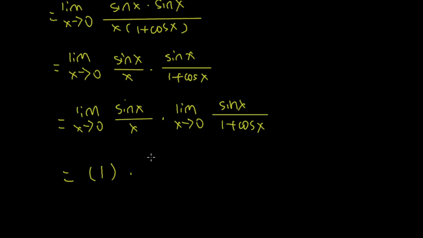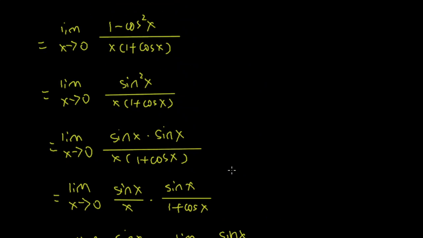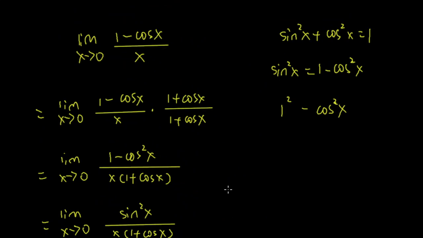So sine 0, right? Over 1 plus cosine 0. Now, 1 times sine 0 is 0, divided by, now cosine 0 is 1, 1 plus 1 is 2, right? 0 over 2 is 0. So that is equal to 1 times 0, that's equal to 0. Okay, so this limit here, right, is equal to 0.